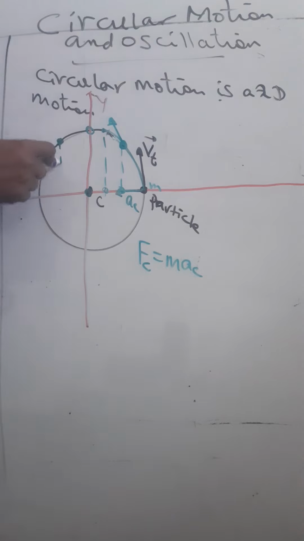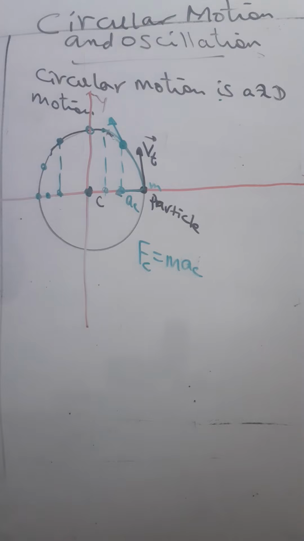As the motion continues, the particle will have its own shadow on the x-axis, but when it reaches the x-axis, completing half a circle, the shadow and the particle overlap.